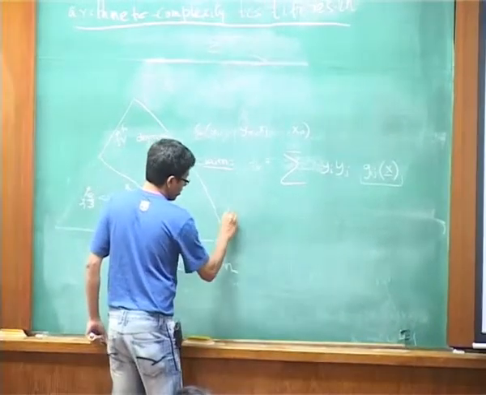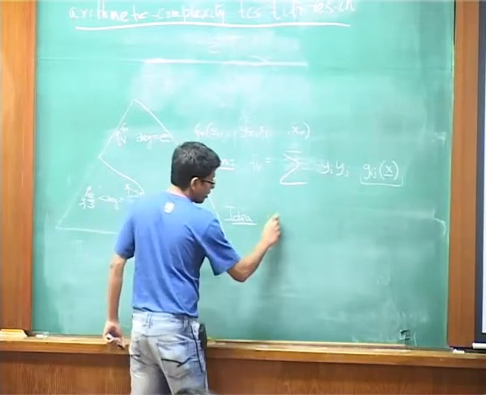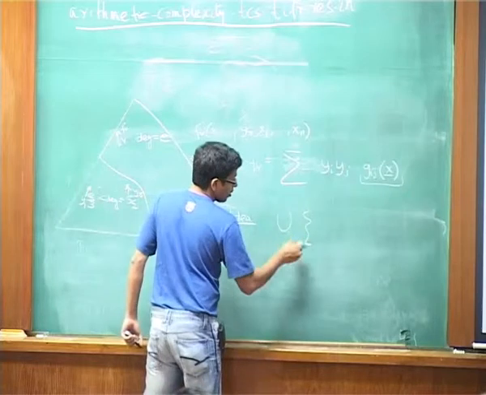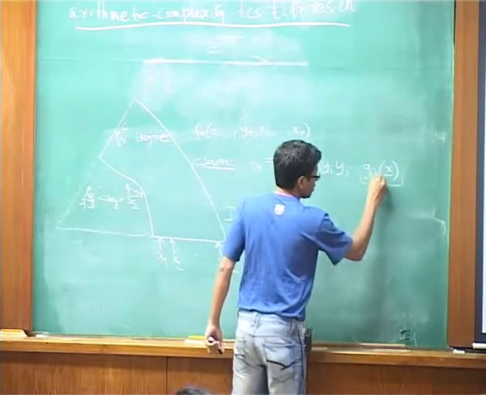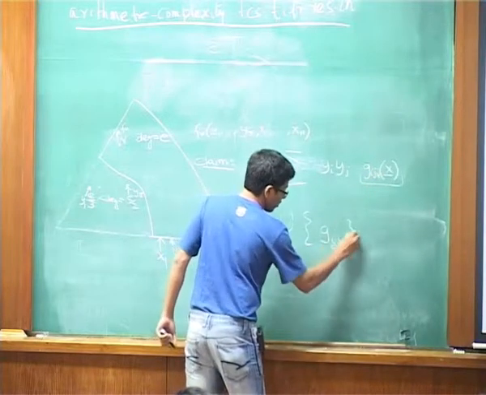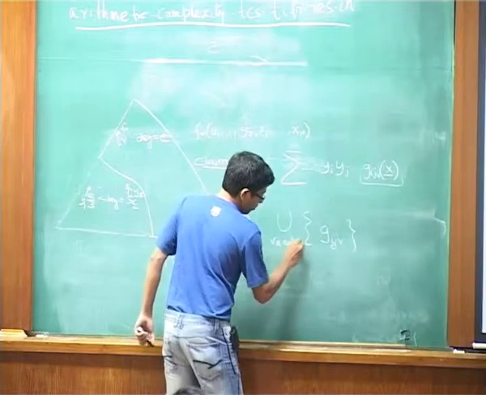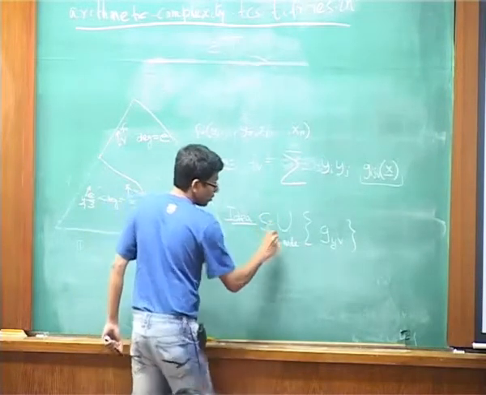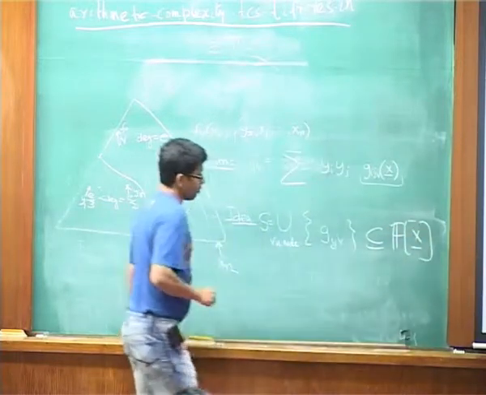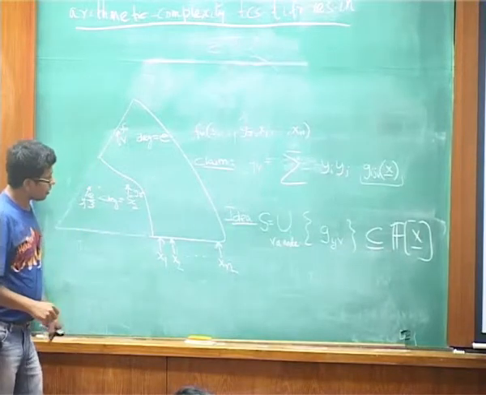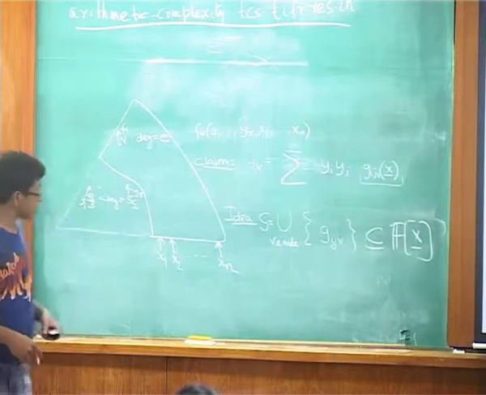So here's the idea. Consider the union of all Gijv for all nodes v. Let's call this set of polynomials S. These are polynomials over the original variables. Let's compute all of them simultaneously.